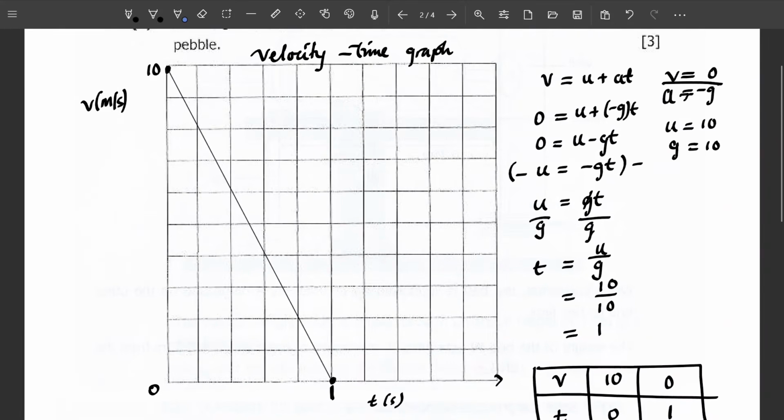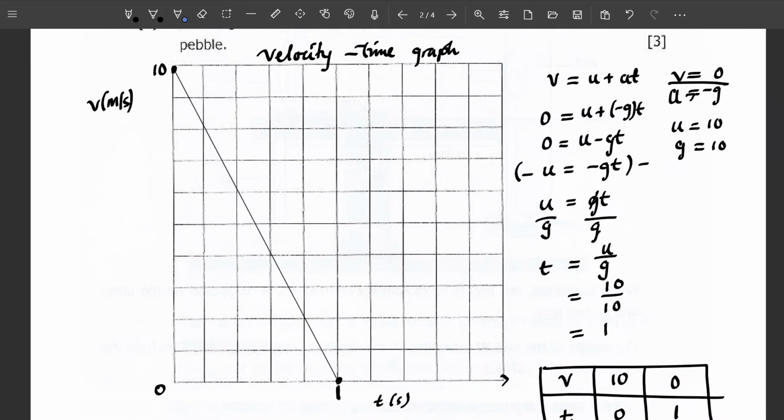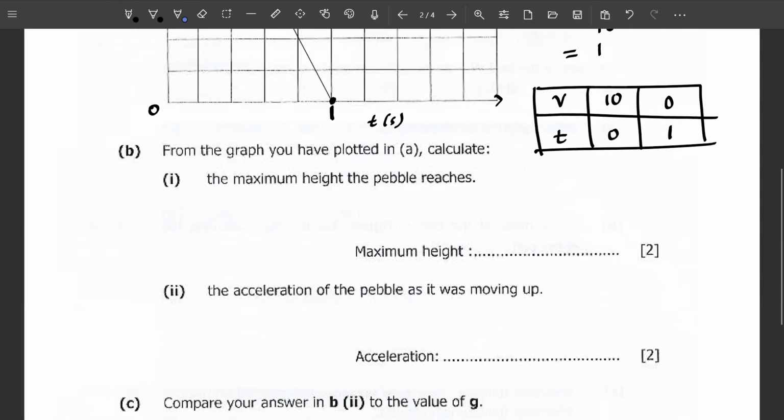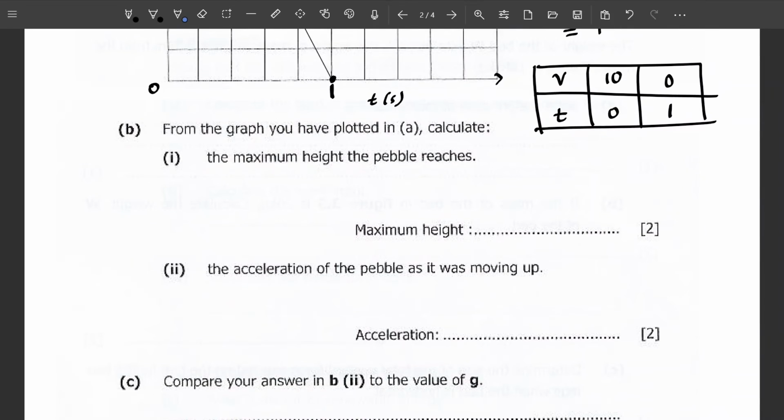Since it was thrown upward, let me solve also from here. I'll derive the formulas. You remember these come from the same formulas. Let's say we use the formula v squared is equal to u squared plus 2as.